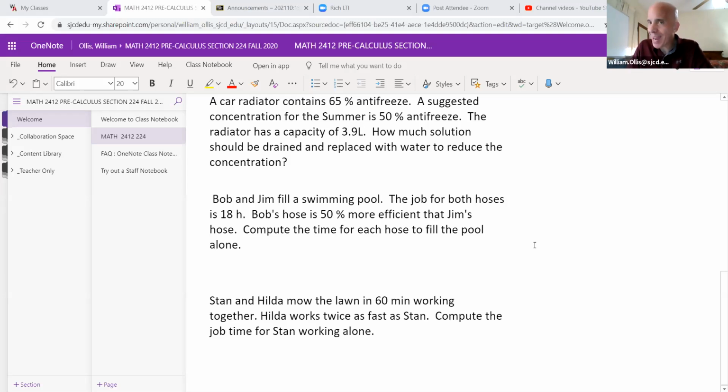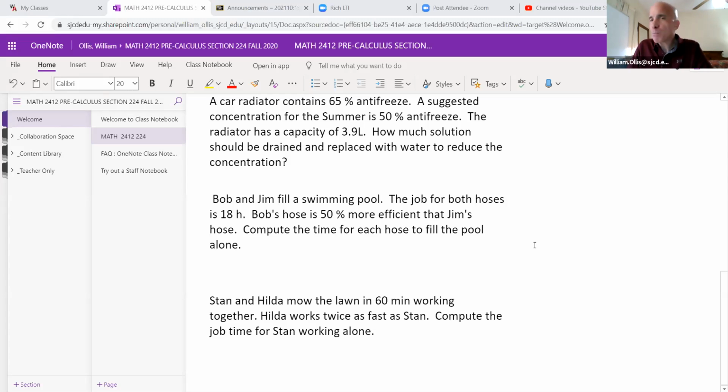Okay, so this is a fraction of work. So if they use both hoses, they can fill the swimming pool in 18 hours. Then it says Bob's hose is 50% more efficient than Jim's hose. Okay, with that information, you should be able to compute the time for each hose to fill the pool alone.